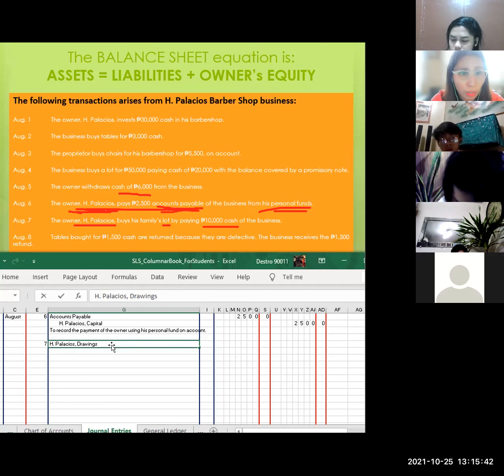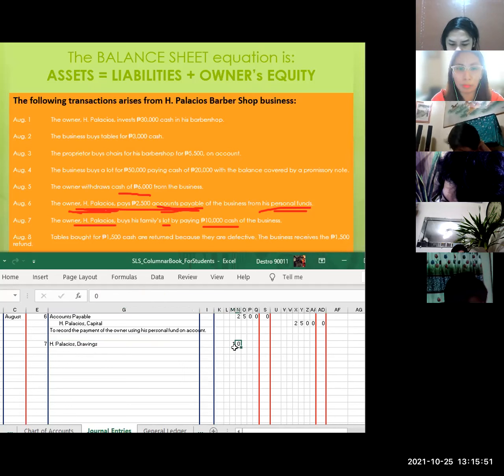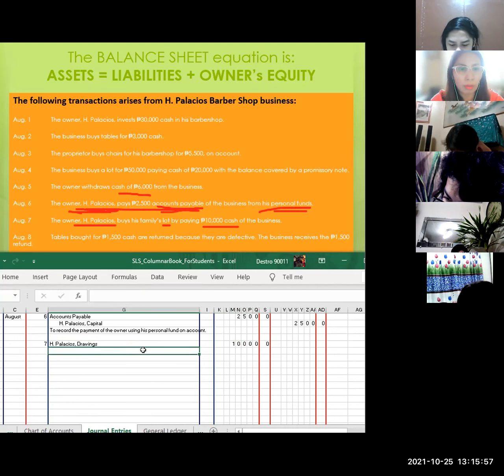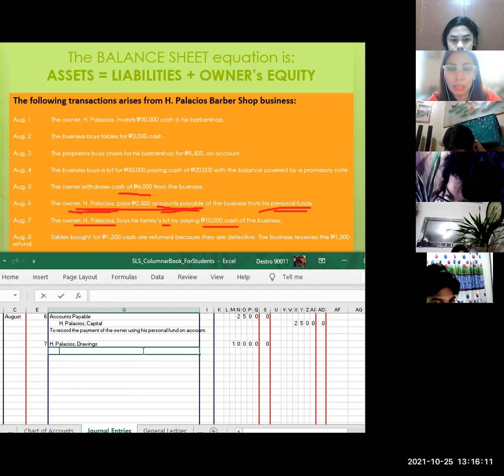Credit, how much is the withdrawal ng owner? It's 10,000 pesos. Let's not align both titles kasi those are two different accounts.